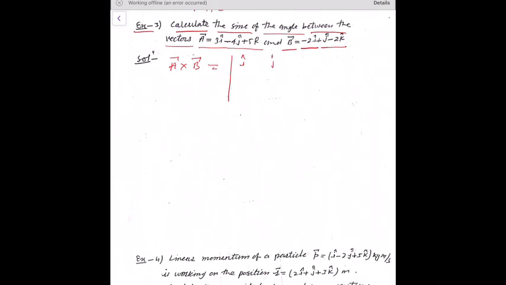A vector cross B vector is equal to I cap, j cap and k cap. Here first you write Ax 3, Ay minus 4, Az 5. Next B, Bx minus 2, By 1 and Bz minus 2.